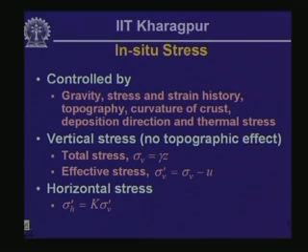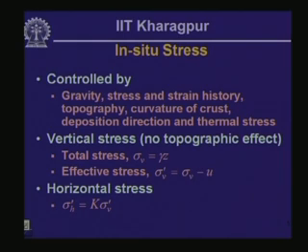Then we can also introduce another term which is the effective stress, and as we know, effective stress is simply equal to the total stress minus the water pressure acting on the element. What we are neglecting here is the topographic effect, and what we are also neglecting when we use this definition of effective stress is that there is no movement of groundwater.